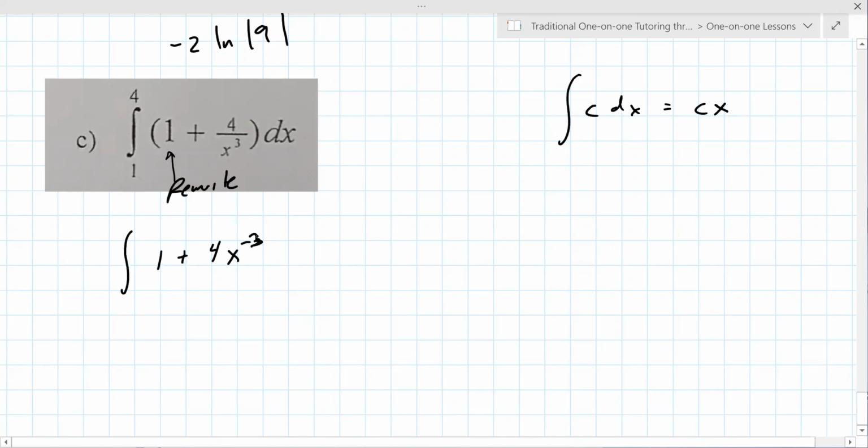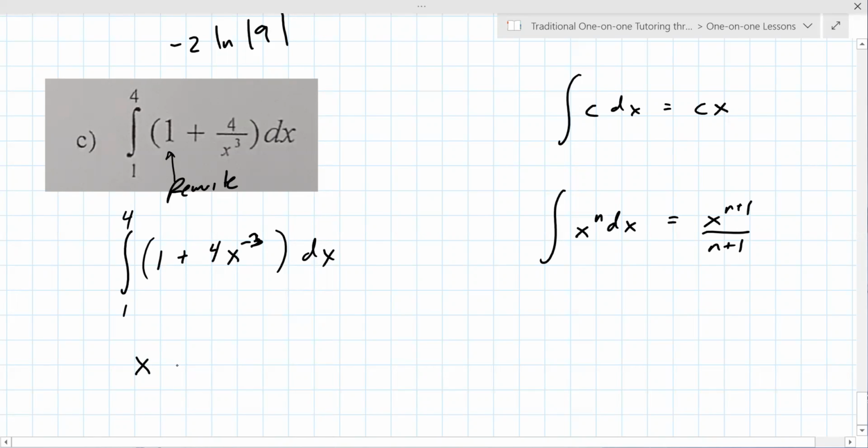And that helps you to use your power rule, because, and we've used this a few times here, you're going to add 1, divide by the new exponent. Doesn't matter whether the exponent is negative, decimal, fraction, whatever, as long as it's not -1, you use this rule on the right. So the antiderivative of 1 is just x, or in other words, the derivative of x is 1.